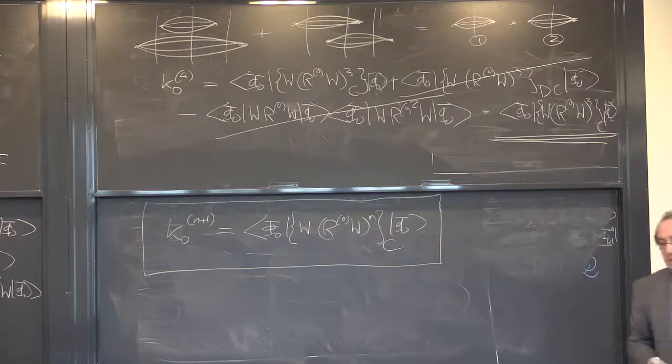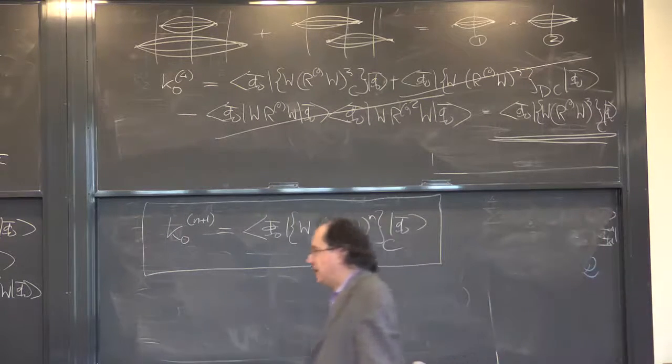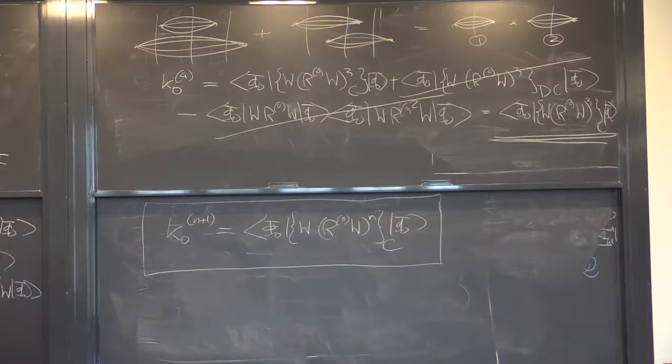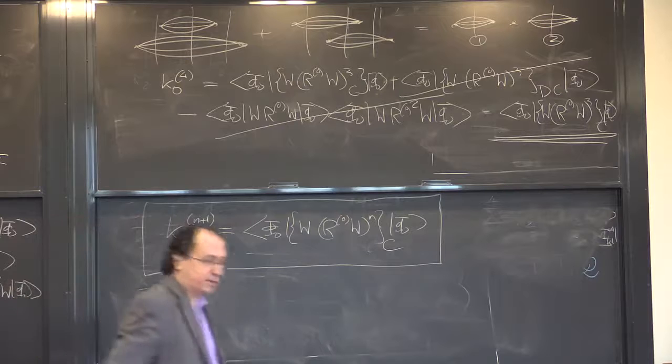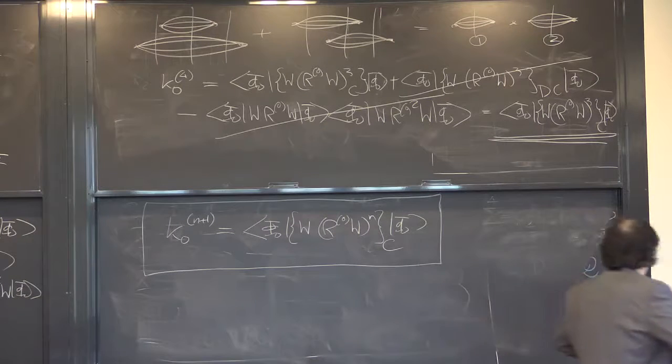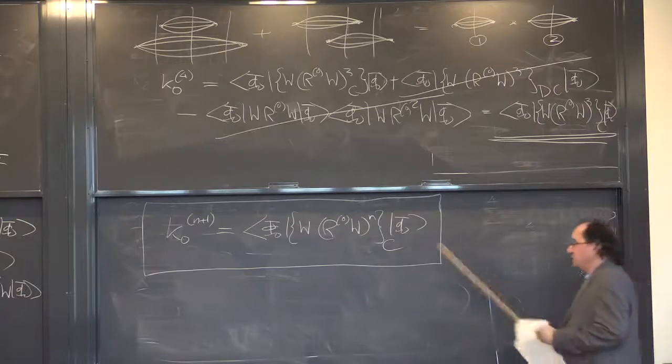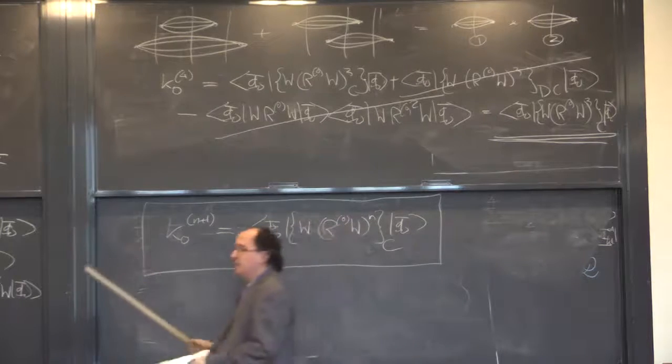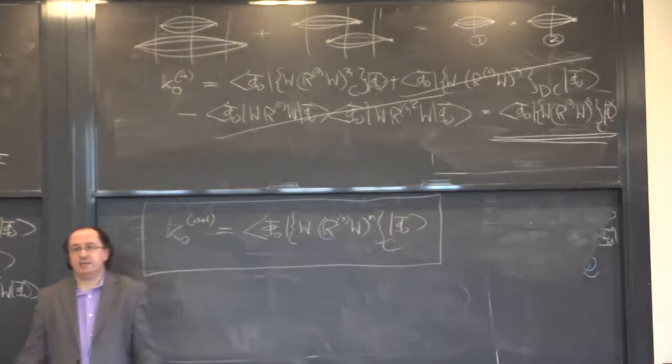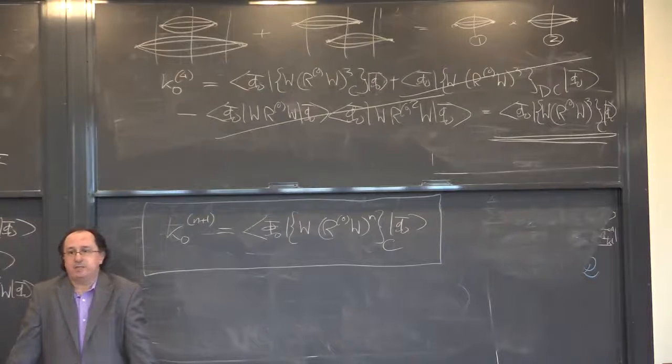And this is extremely important because it also implies that finite order MBPT calculation leads to size extensive results. We'll talk about it later, but right now that's what it means. I want to say it right away because it's extremely important. So you're learning two things. Finite order MBPT is size extensive because it uses only connected diagrams in the energy.